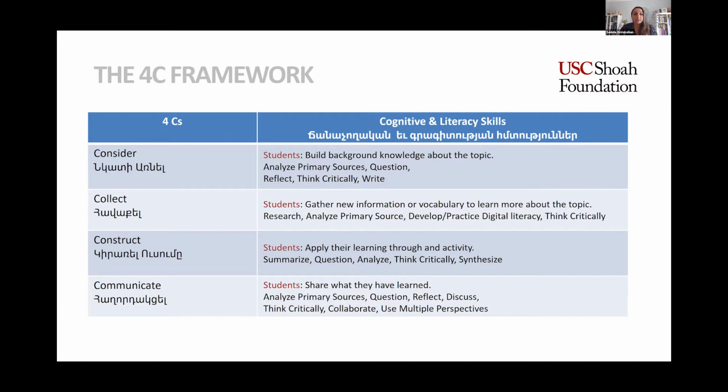Collect is the next section where students are gathering new information or new key vocabulary that can add to their understanding of the topic. So what are some examples or key words that might be associated with courage? This is what we want to introduce to students now to help them develop that understanding.